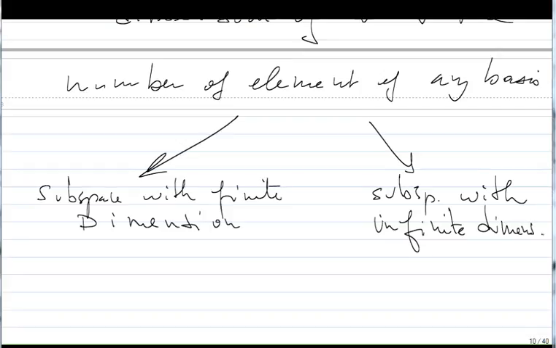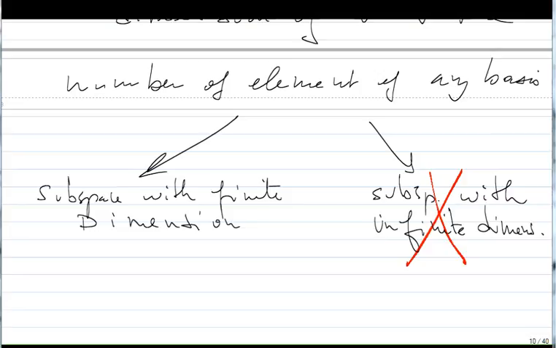Of course, the concept of infinite dimensional subspaces will exist only if the space itself has an infinite dimension. If the space has only a finite dimension, then infinite dimensional subspaces will not exist. So in any case, if the entire space V has a finite dimension, then any subspace has a finite dimension.